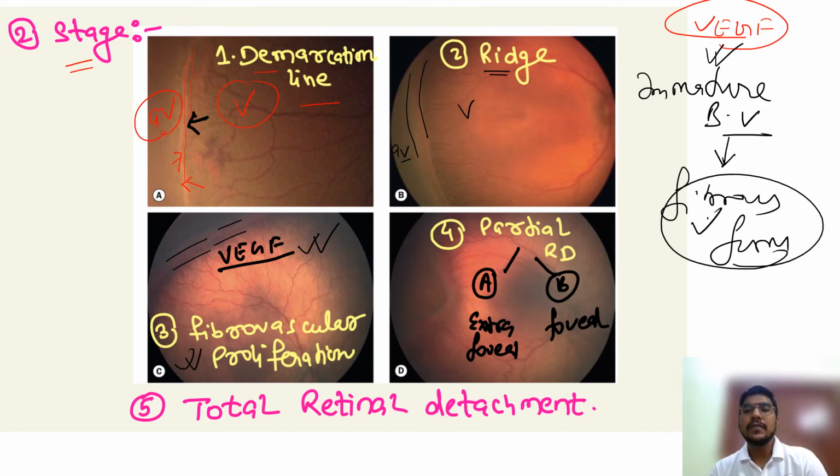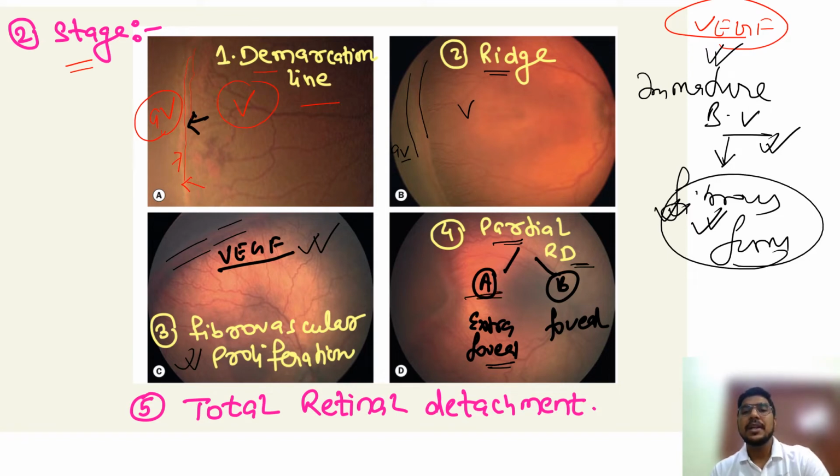Now, because of the fibrous conversion of these immature blood vessels, there is a traction over the retina. Because these fibrous vessels contract, they cause traction. So there can be a partial tractional retinal detachment. If it is extrafoveal, means not near the fovea, it is 4A.